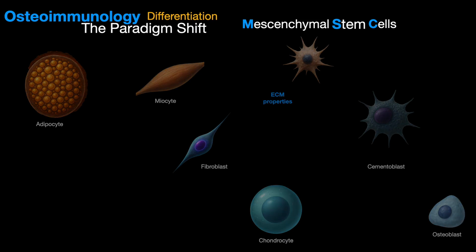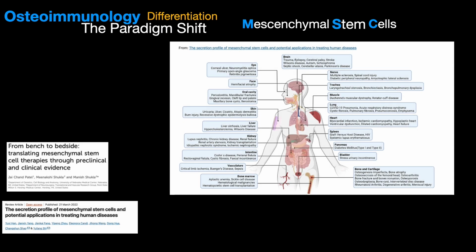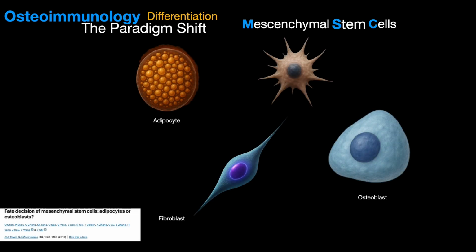So they can basically change into multiple different tissue cells. As you can see in the following research, scientists are working on changing MSCs into different cells to be able to regenerate and work with disease. From our perspective, the most important transition is between the mesenchymal stem cell and fibroblast, osteoblast, and adipocyte.